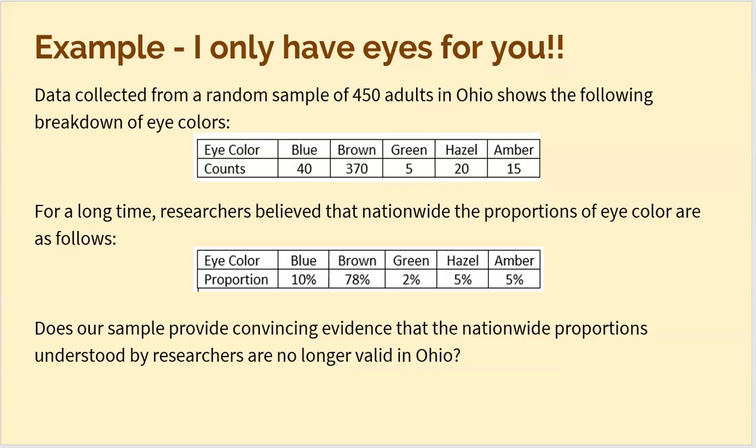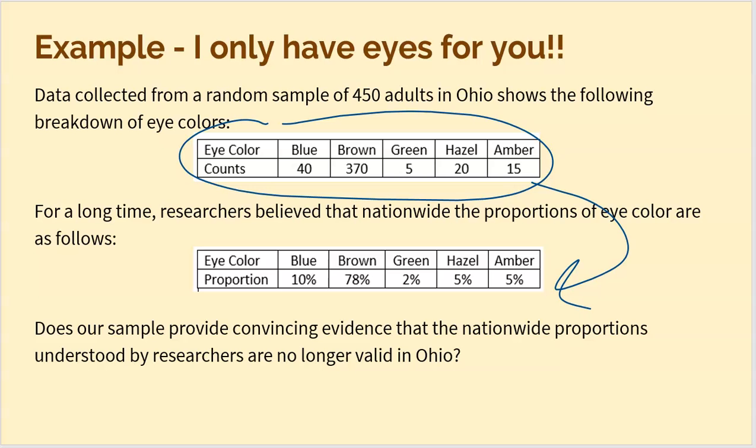And the question was, is there convincing evidence from our sample that Ohio no longer has the same distribution as the rest of the nation? Is the nationwide proportions that we've always believed to be true no longer valid for Ohio? Is Ohio something different, right? So basically we're saying, how well does the data from Ohio fit with what we expected?